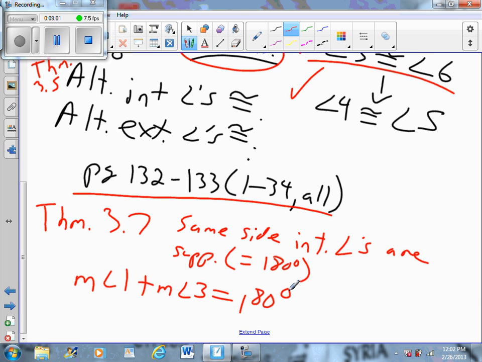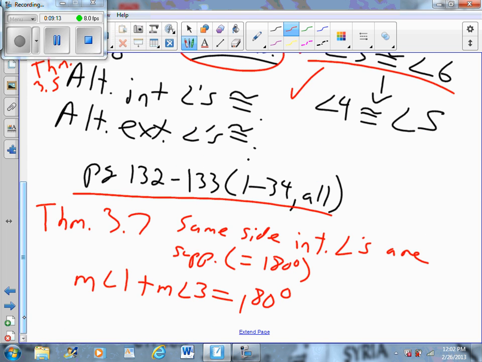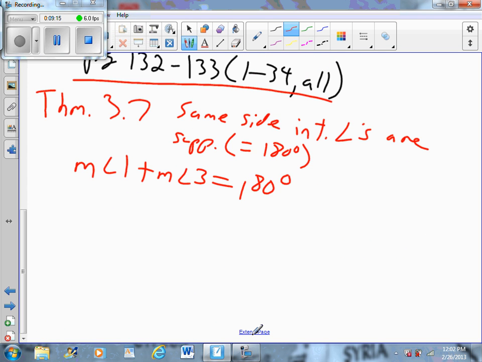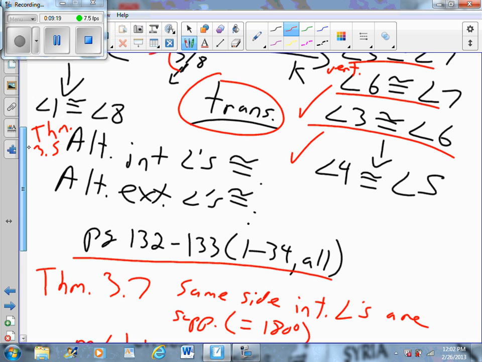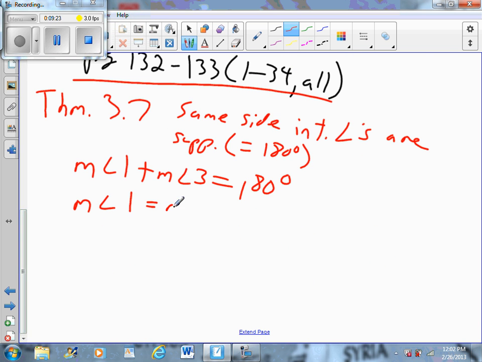Now, we also know this: angle 1 is congruent to angle 5, is it not? Why? Yes, because they're corresponding. So I know that they're congruent, I know that their measures are the same. The measure of angle 1, therefore, is equal to the measure of angle 5.